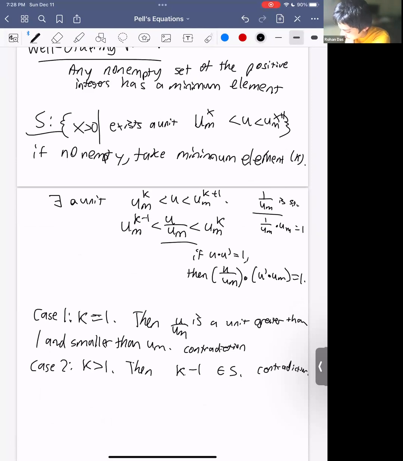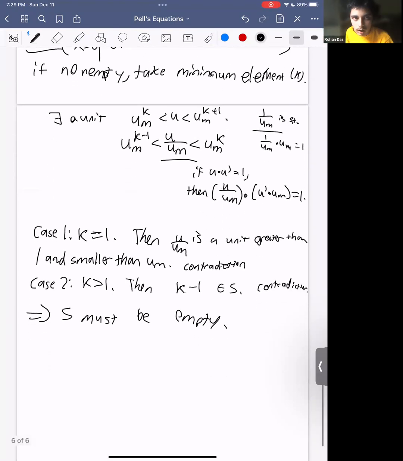So we have our desired result that S must be empty. And therefore there can be no unit greater than 1 that is between any powers of u_m. So all units greater than 1 must be a power of u_m, and therefore all units in general are a power of u_m, or the negative of it. And in that general case, negative exponents are allowed.